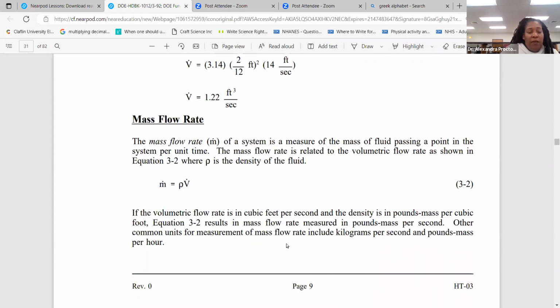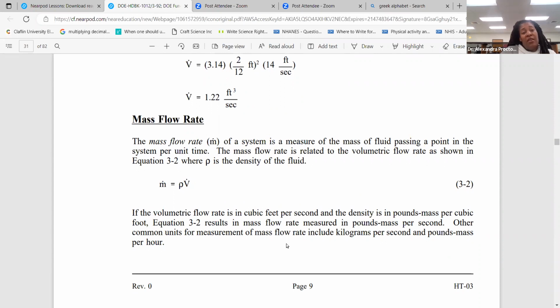The mass flow rate of a system is the measure of the mass of fluid passing a point in the system per unit time. The mass flow rate is related to the volumetric flow rate, as shown in equation 3.2, where rho is the density of the fluid.